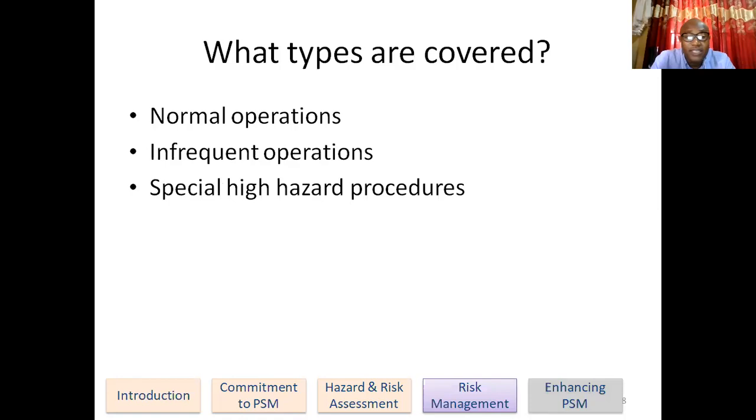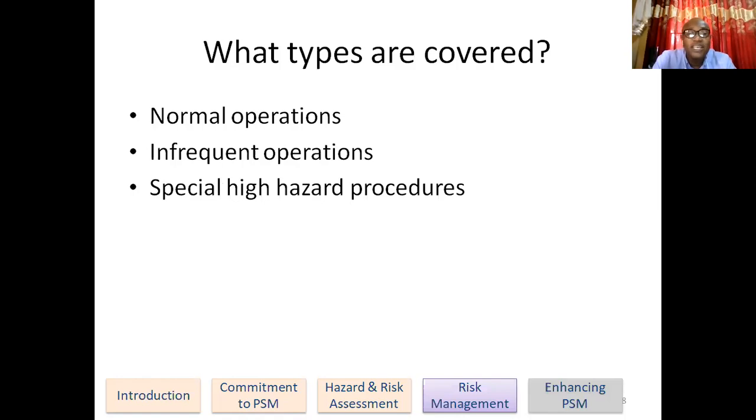What types are covered? It can be normal operation, it can be infrequent operation, it can be special high hazard procedure. You can't just say, because you know how to fly a helicopter, somebody who has a license in helicopter says he wants to go and fly a Boeing 737.